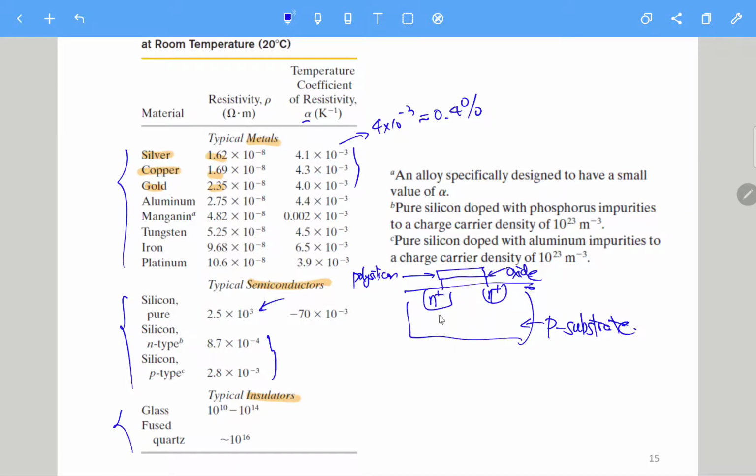So this forms the traditional N-type MOS.